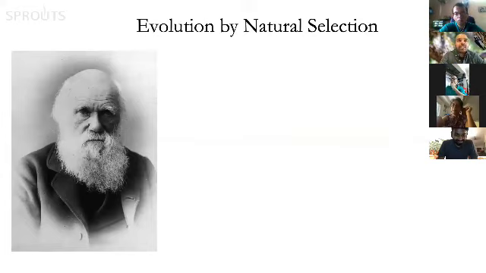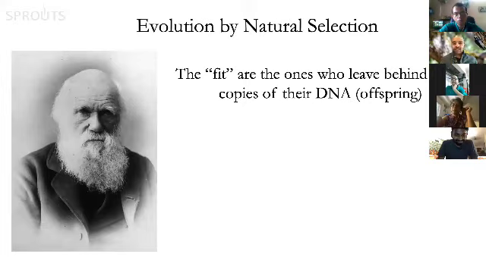Charles Darwin, in 1859, in his magnum opus of evolution by natural selection, said that the only way fit organisms are the ones that leave behind many, many copies of their DNA. Darwin suggested that DNA has to be your offspring.